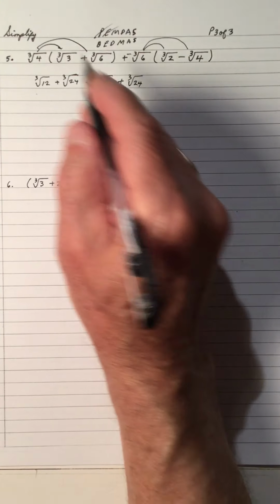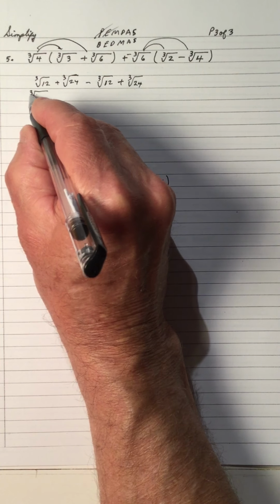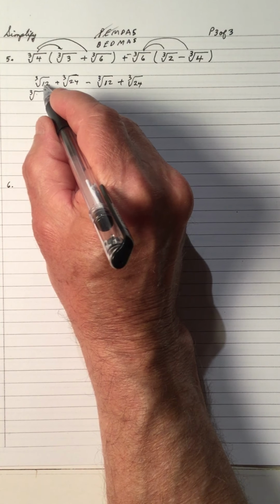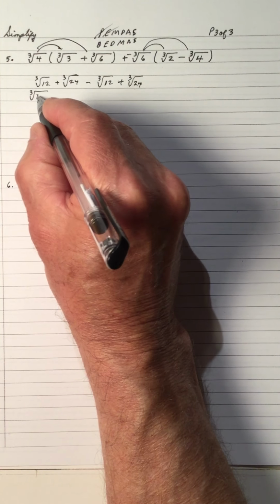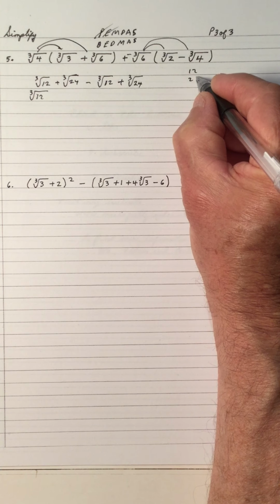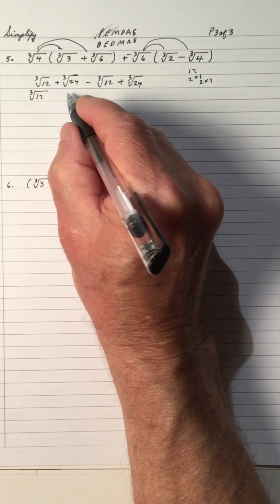Now, we can simplify each of these first. So we have the cube root of 12. 12 can't simplify. 12 is 2 times 2 times 3, and we need 3 factors the same.